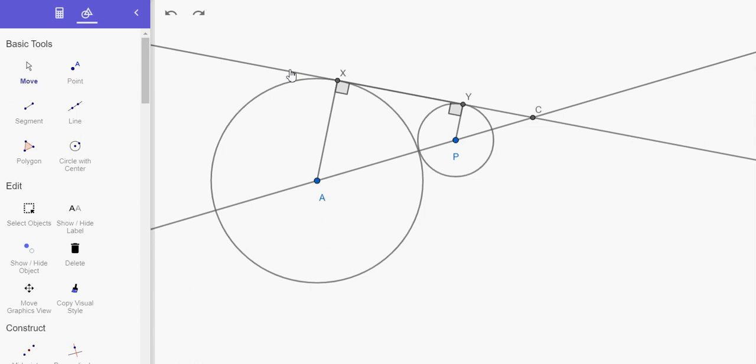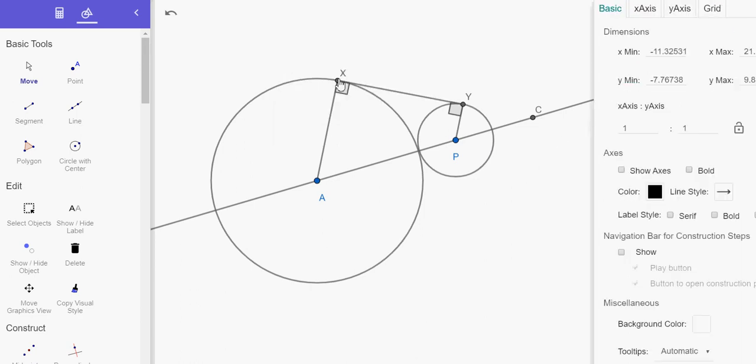So this length XY in this diagram is related to the radii of the two circles. So you have one radius and the other radius here. This distance between the two centers is actually the sum of the two radii. And with a clever addition to the diagram, you can figure out the length of XY, and it turns out to be something familiar from a few weeks ago. So I encourage you to play around with that and give it a try.